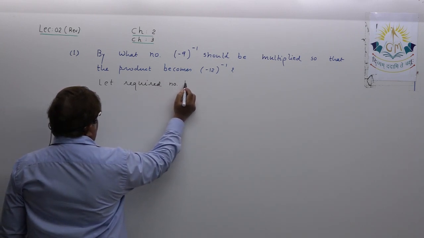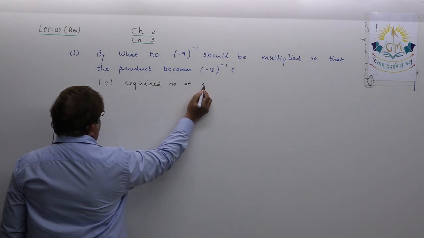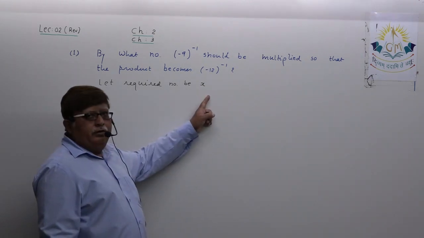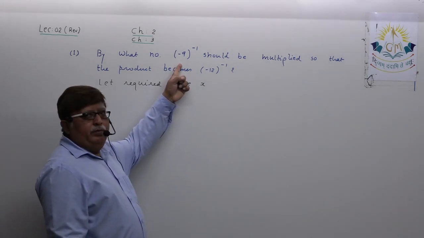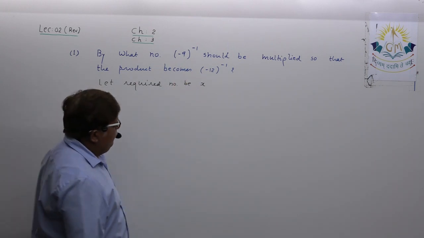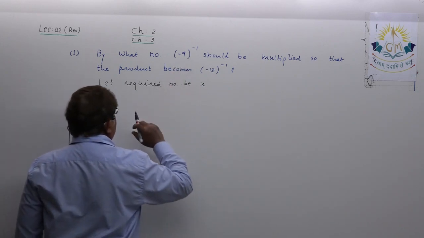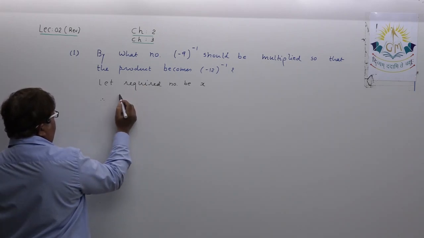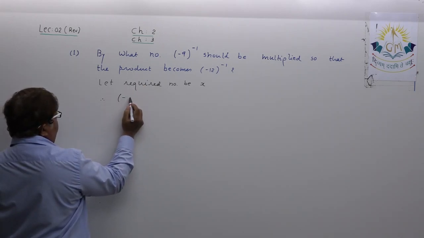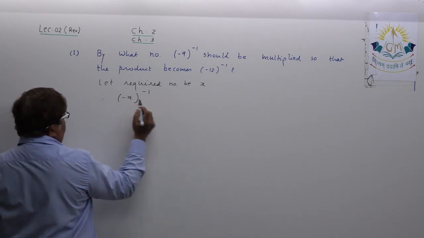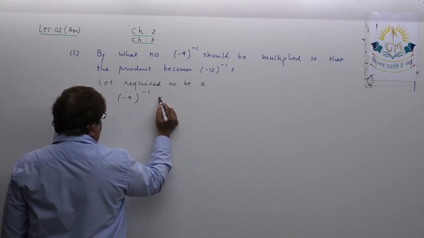Let required number be x. And this number, when multiplied with this, the result turns out to be minus 12 raised to minus 1. So, how will I represent the data? Therefore, I will like to write this first. Minus 9 raised to minus 1 multiplied by x.